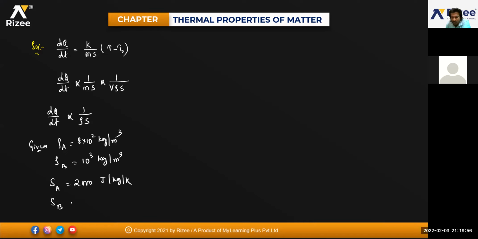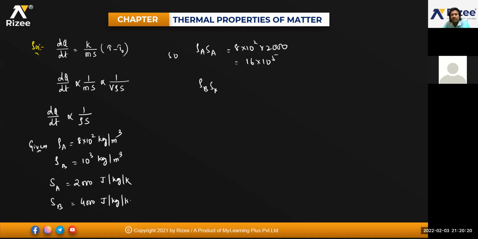Specific heat of B is 4000 joule per kg per Kelvin. So density of A into specific heat of A is 8 into 10 to the power 2 into 2000, which is 16 into 10 to the power 5.